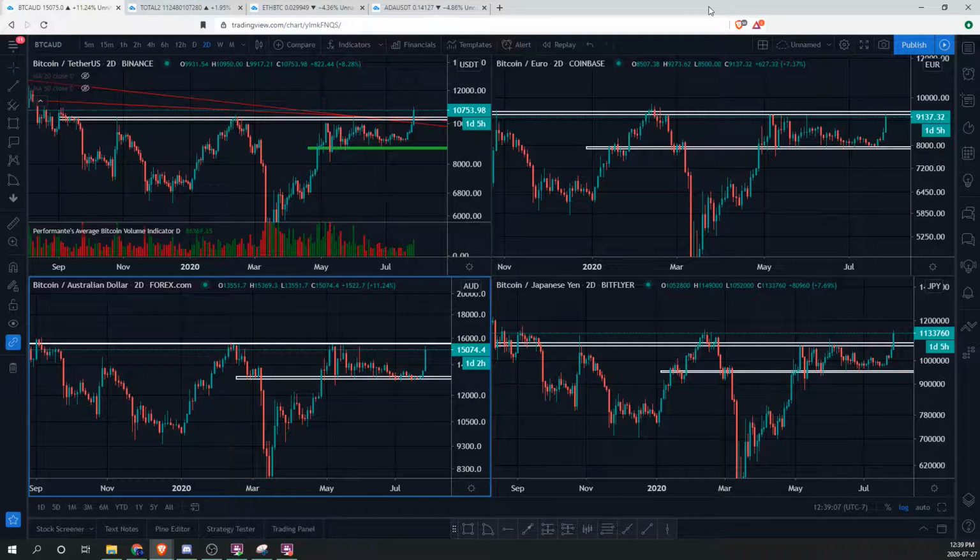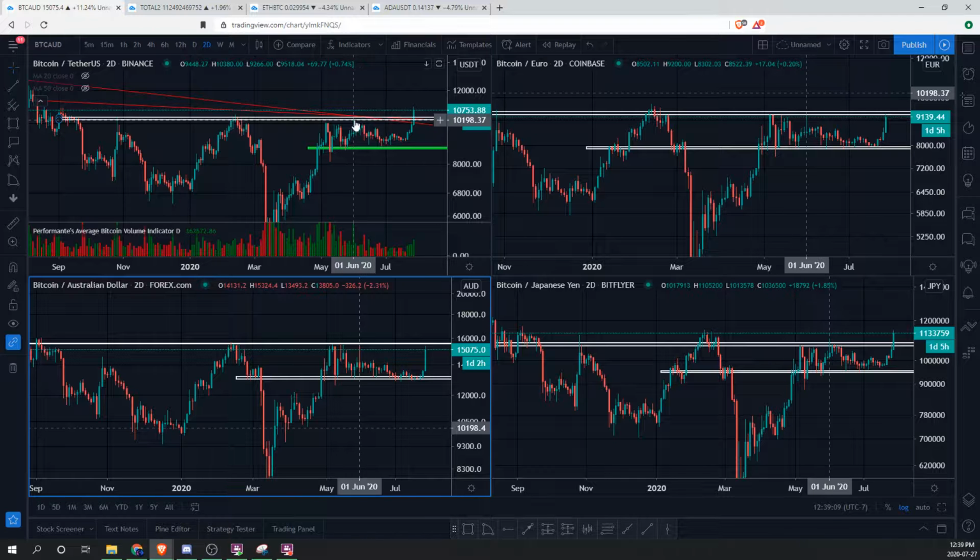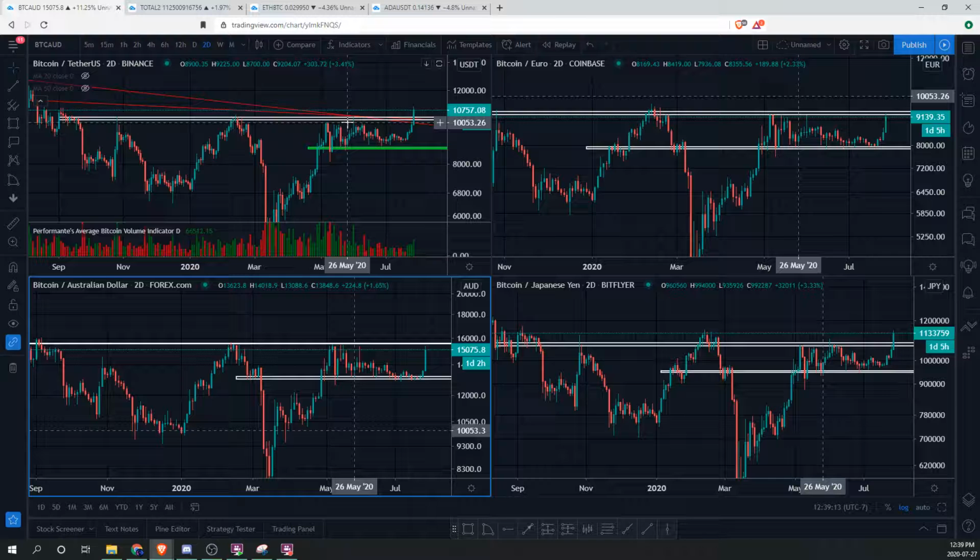I was still a little bit hesitant just because we haven't broken above the 10K zone on BTC. But once we saw a break above the 10K zone and we see it hold, that's my cue to say, all right, things are changing. There is a shift in the equilibrium between the buyers and sellers, and the buyers are definitely winning.